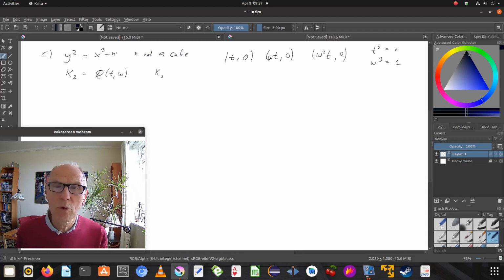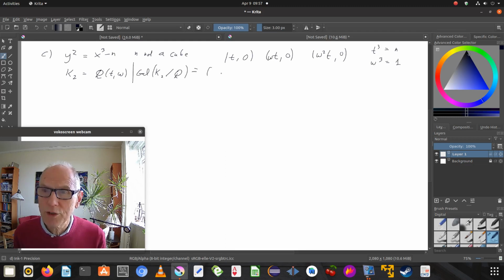And here we have the full symmetric group, I think. So we have conjugation that lets t stand and changes the imaginary component.